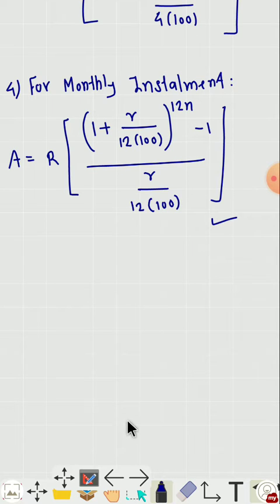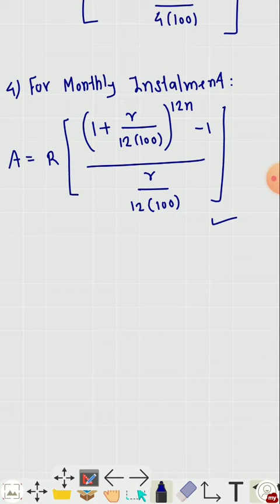For half yearly installments, a year is divided into two halves, therefore the number 2 is placed appropriately in the concerned formula, whereas for quarterly installment a year is divided into 4 quarters, therefore the number 4 is to be placed appropriately in the above formula.